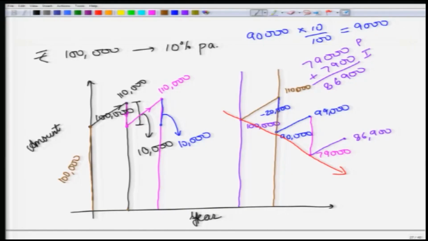At this point of time, the amount is 110,000 rupees. At some other point in between, probably it is 105,000 rupees, and so on. So, this is what the second meaning of yield talks about. If you were to clear cut the forest, what is the total amount of timber that you will have.